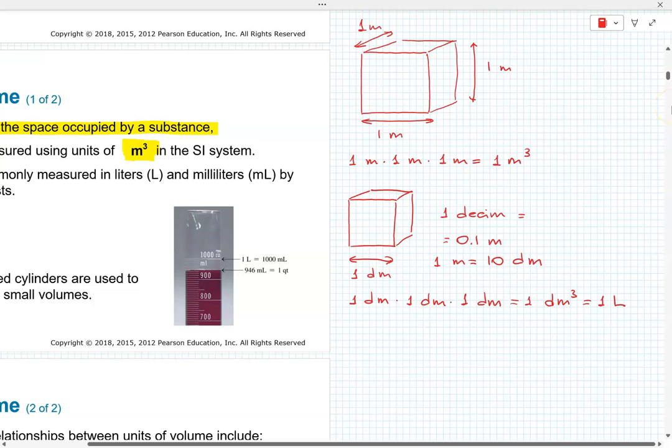So a small reminder that 1 cubic meter is the product of multiplication of three 1 meters, right? So I can write down this, or I can write down this.